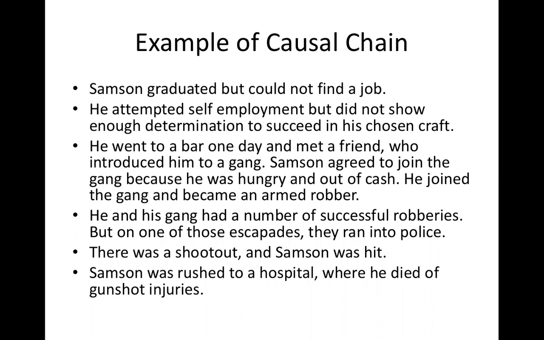Joining the gang means that he has to do what the gang does. He and his gang had a number of successful robberies, but on one of those escapades, they ran into police. So Samson's decision to become an armed robber brought him to a situation whereby he engaged in a shootout with the police.